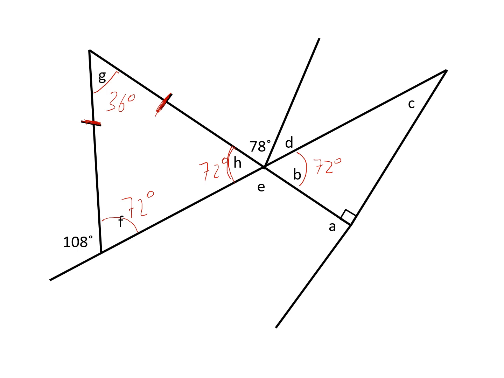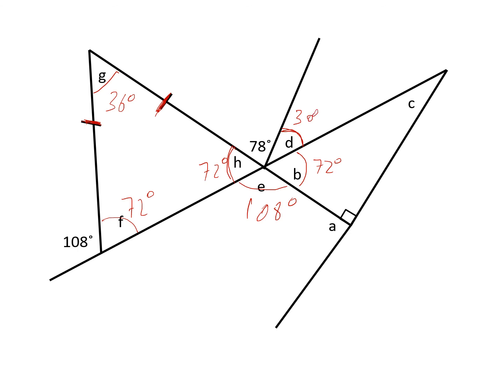Then from here, if we want to solve for e, 180 minus 72 means this angle is again 108 degrees. Now to solve for d, since we know this is a straight line, and in this straight line the angle is 180, so 180 minus 78 minus 72 means this angle is 30 degrees.